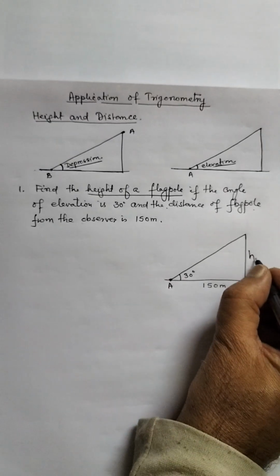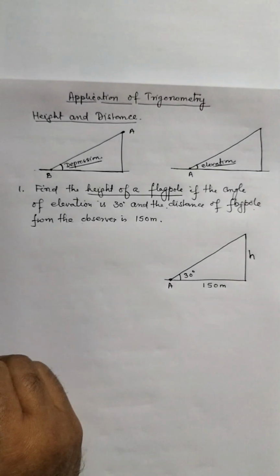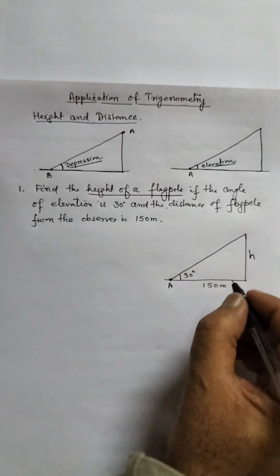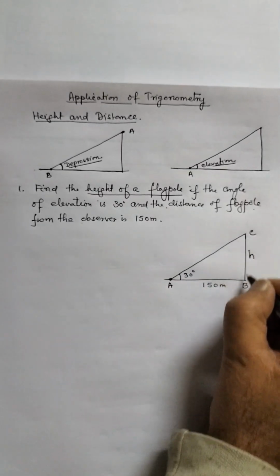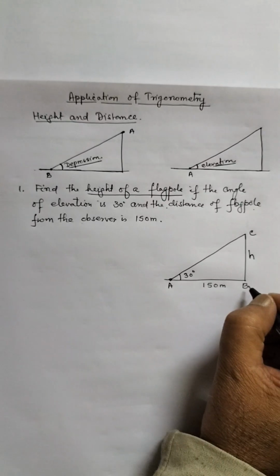Now we have to find out the height of the flagpole. Very clearly, if I label it A, B and C, BC is the height of the flagpole.